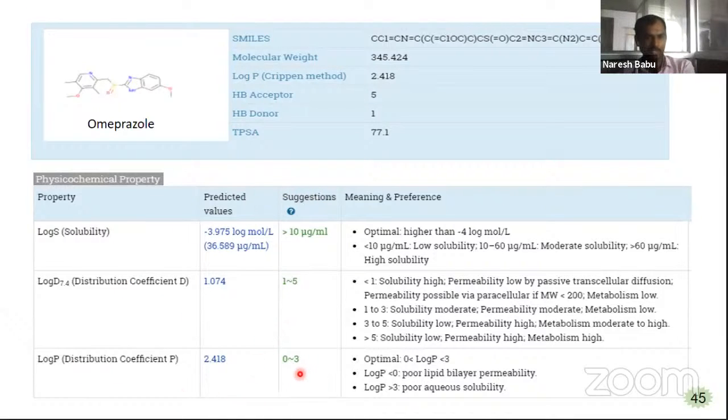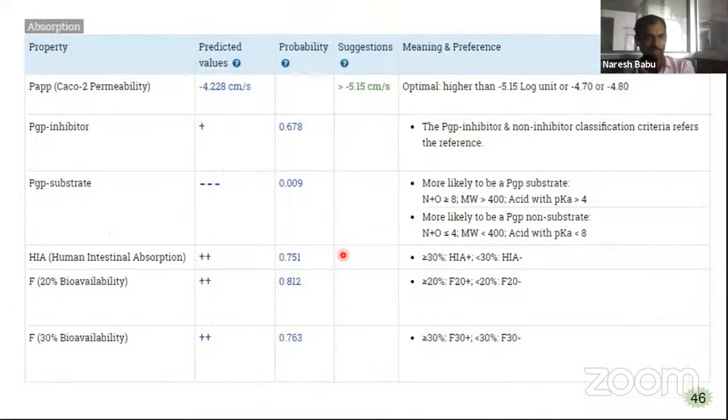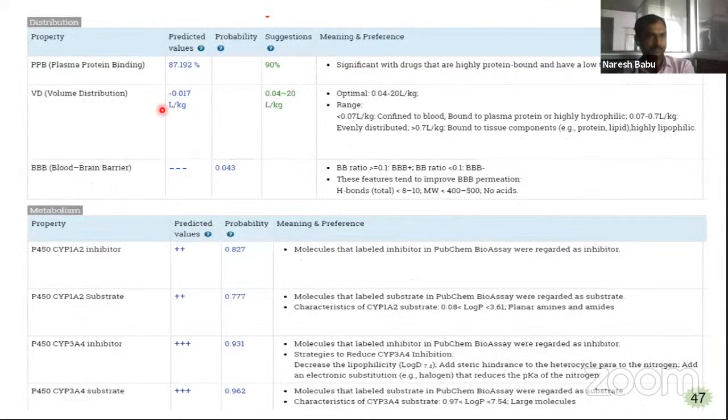LogP is obeying, as it is present between 0 and 3, and logD is also within 1 to 5. For the P-gp inhibitor, yes, it came out plus, and it is not a P-gp substrate, so a negative value. Human intestinal absorption is plus, and bioavailability is there. Plasma protein binding is nearly 87.19%, and good is 90%.